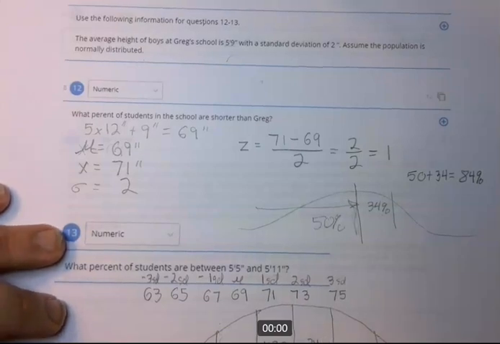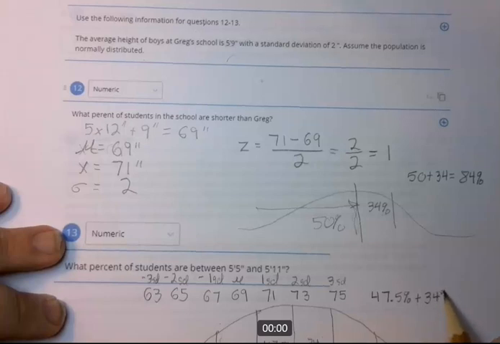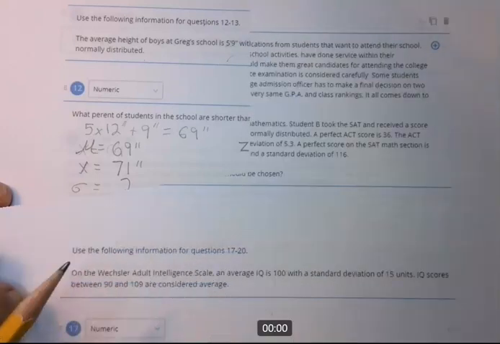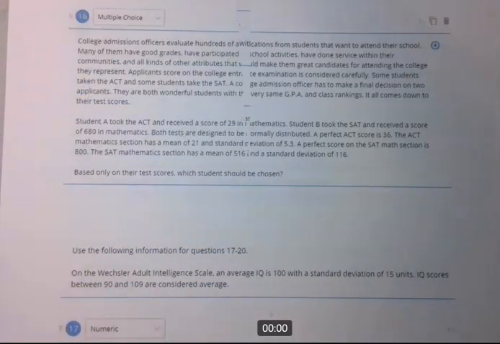So it's going to be 47.5 plus 34%, and that's going to be 81.5. Okay, I'm going to skip 14 and 15. I just feel like there's a flaw in that question, and I'm not going to do it. So you can skip that too.